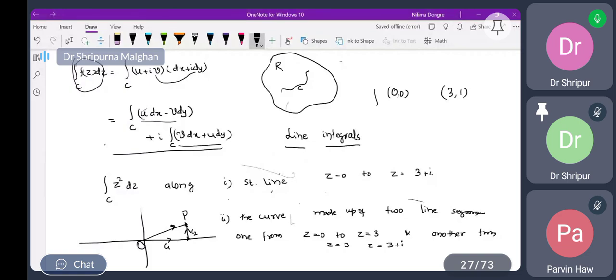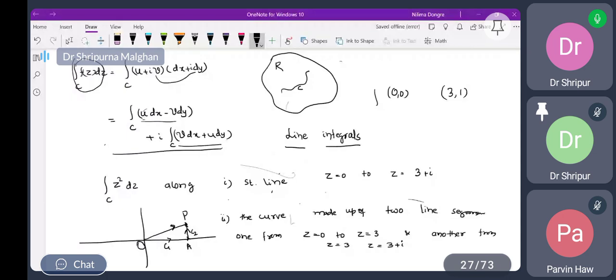Therefore we are able to find the equation of that line in real form. Similarly here also we can come to know the equation of this. Suppose I write this as A here, we shall know the equation of OA and the equation of AB. So either you substitute for x or substitute for y, whichever is easy, then you can evaluate the line integral.